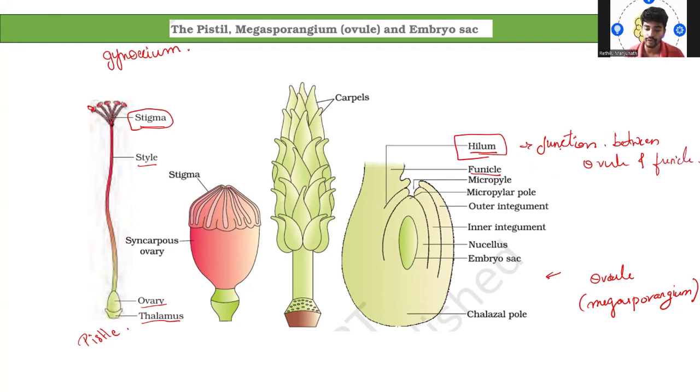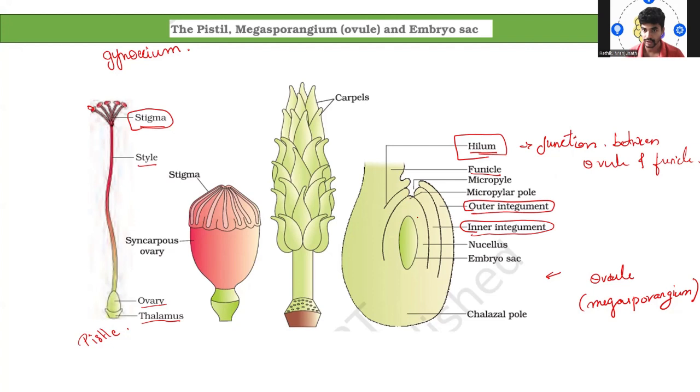And each ovule has one or two protective layers, or protective envelopes. Those envelopes are called integuments. Here we have inner integuments and outer integuments. So each ovule will have one or two protective integuments.